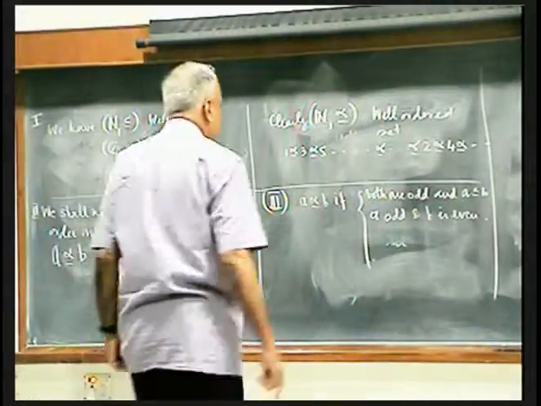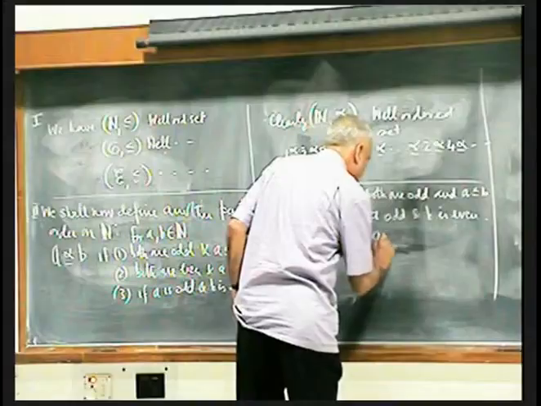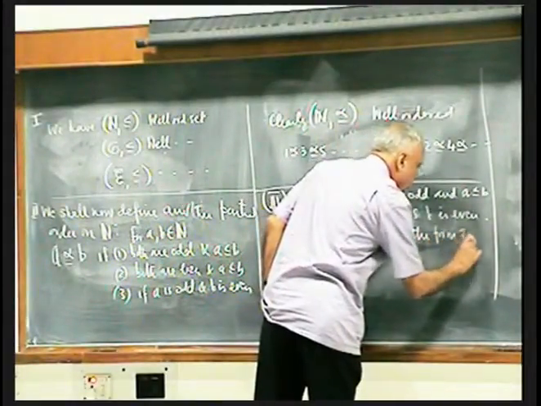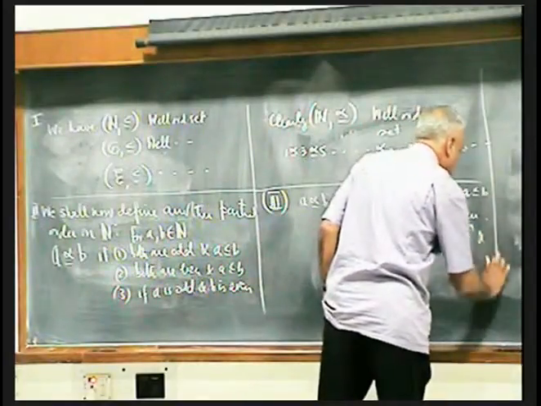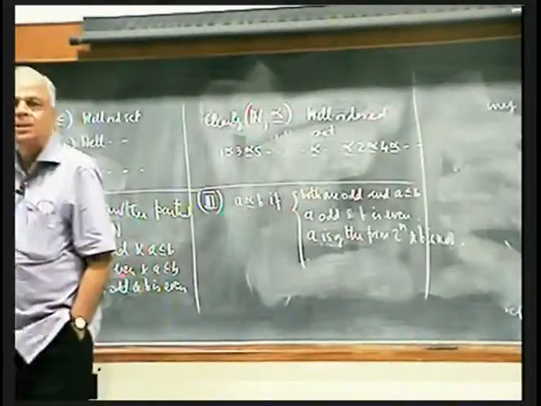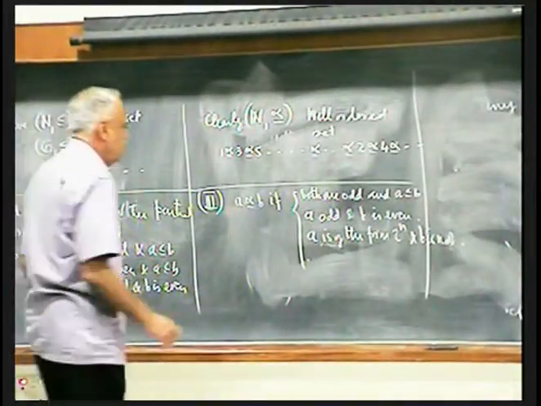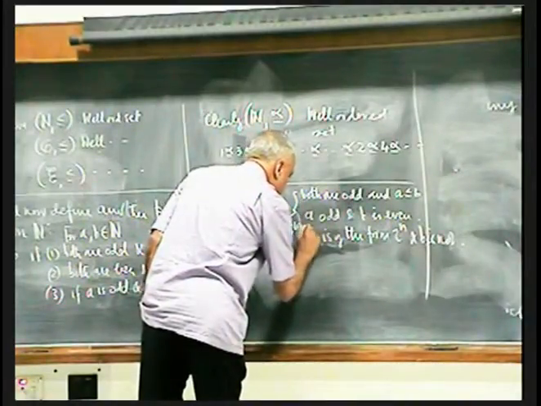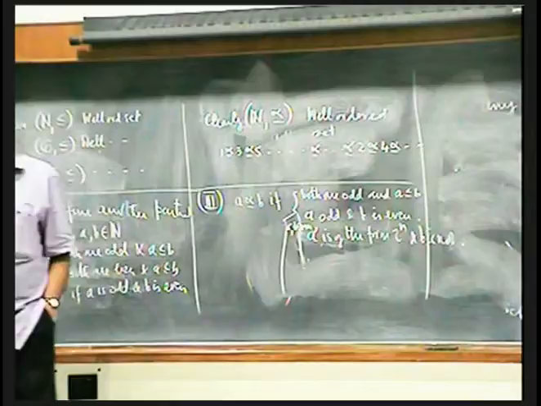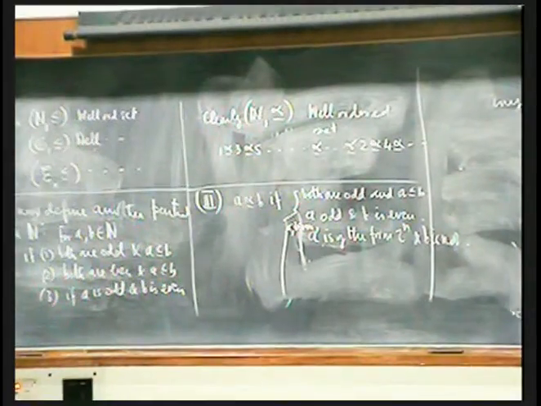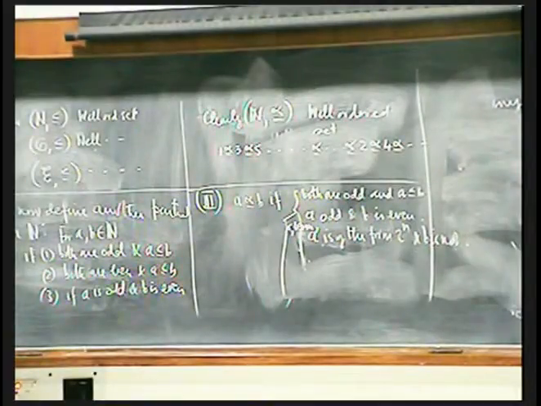So let me write: if A is of the form 2 to the n and B is not, A and B even, A is a power of 2, B is not.